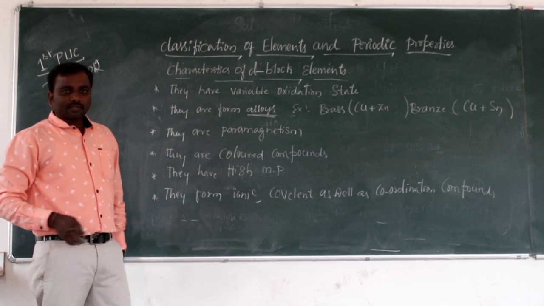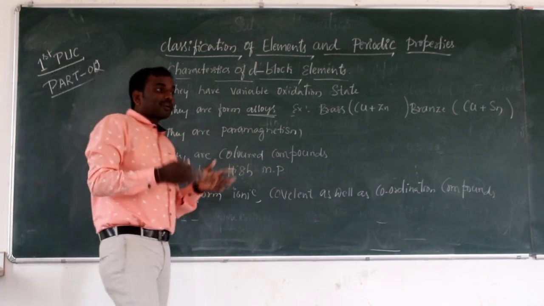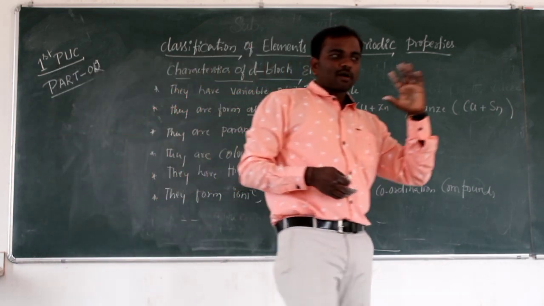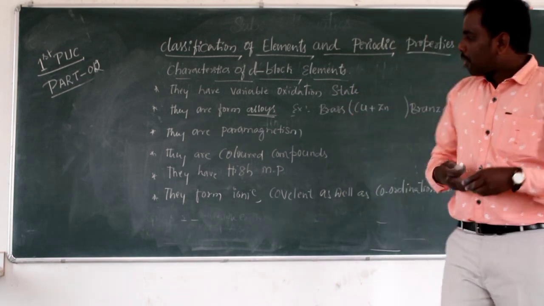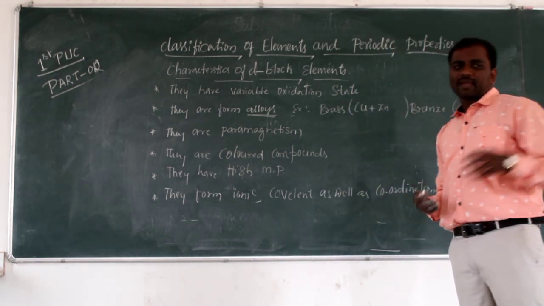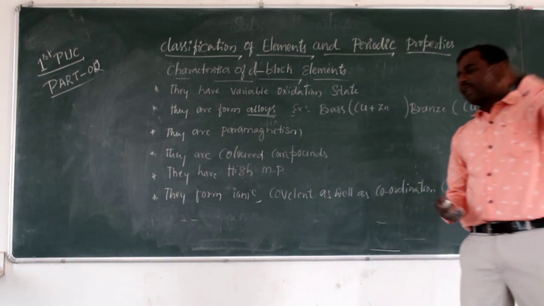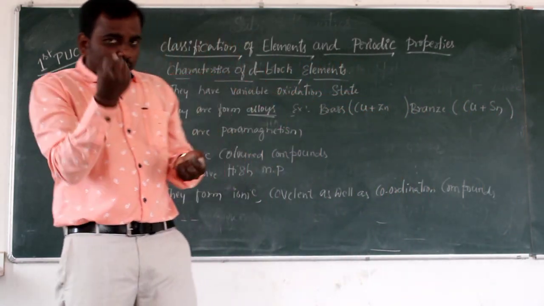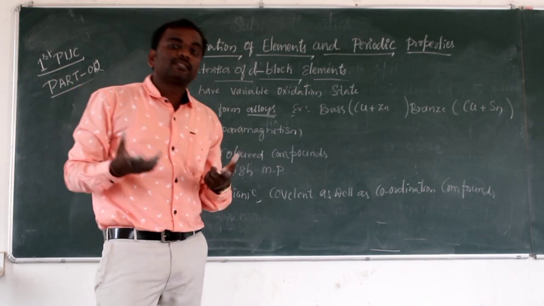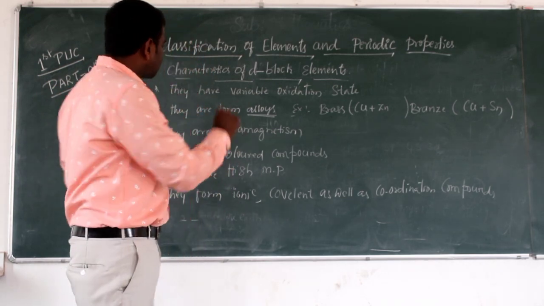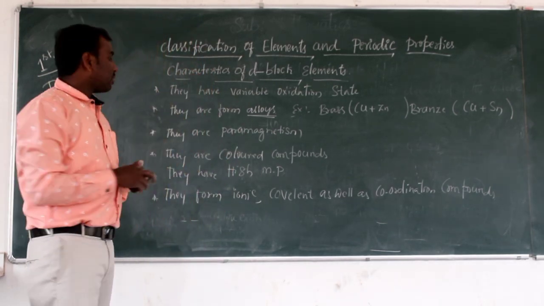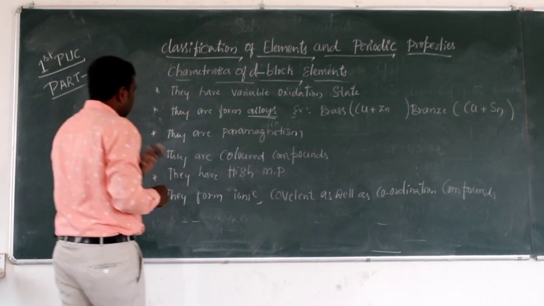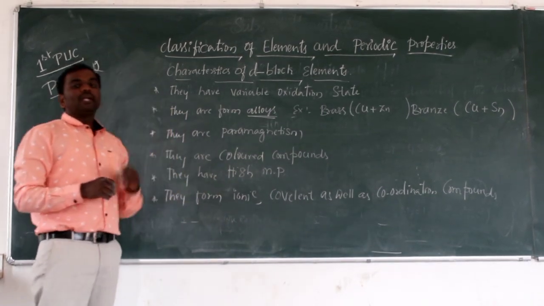One more characteristic is that they form colored compounds. They show color because the unpaired electron present in it absorbs the visible region. They also have a high melting point.